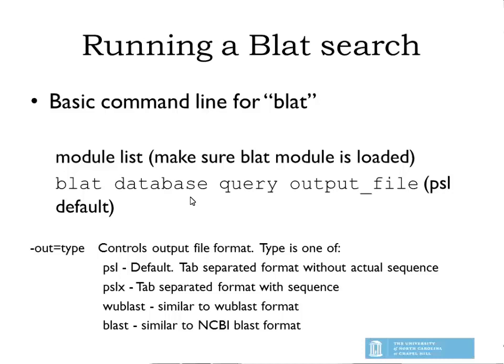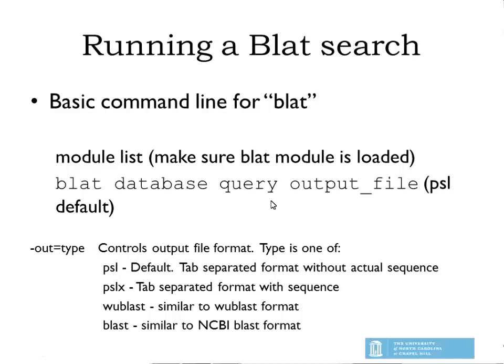Now in this case, BLAT allows you to just take two simple text files and designate one of them as a database and use the other file to search against the first file that you designated as a database. So this is one advantage of using BLAT, you're able to use simple files without having to create indexes.